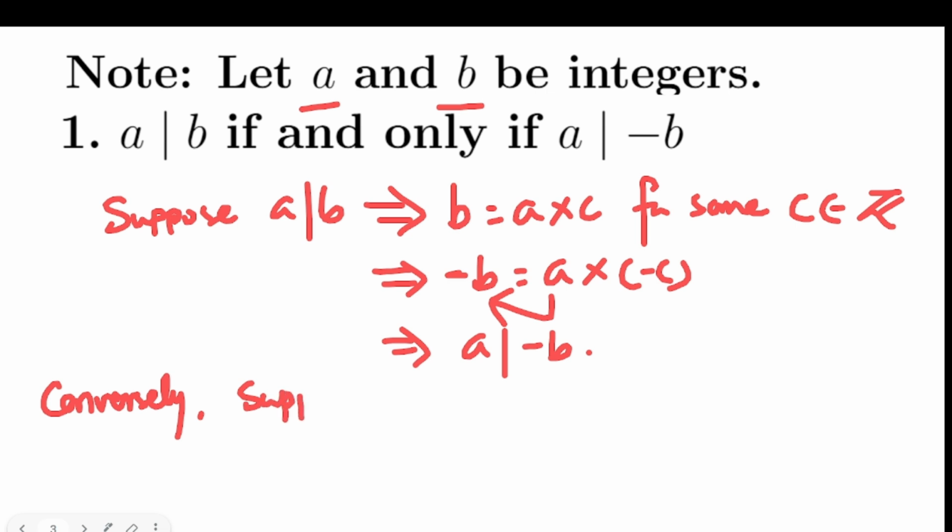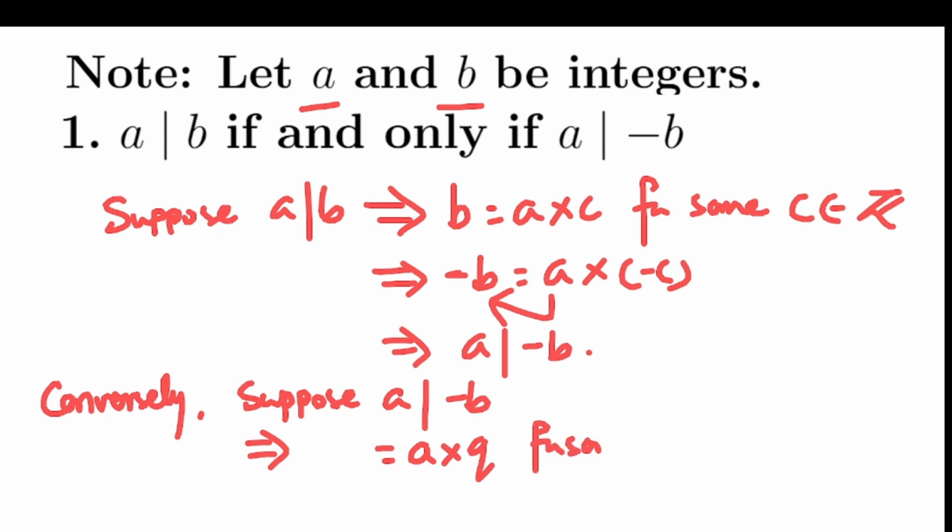Conversely, suppose a divides minus b. It implies we have an integer, suppose q, for some q belongs to Z, for which minus b is equal to a into q.